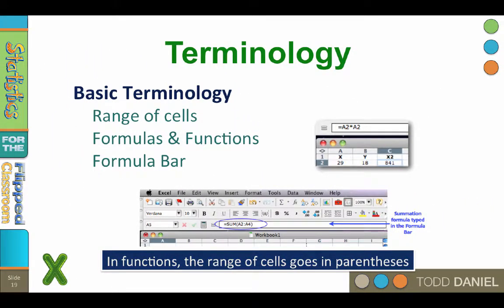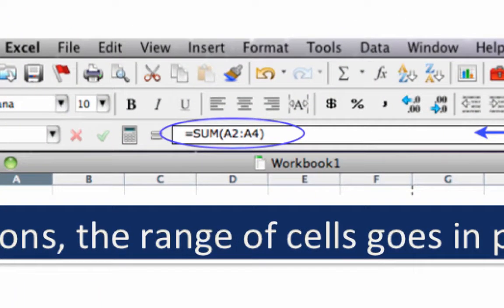Formulas and functions follow the same general format. Both always begin with an equal sign, and with functions, the range of cells goes in parentheses. The sum formula that I typed here will add up the values in cell A2 through A4.